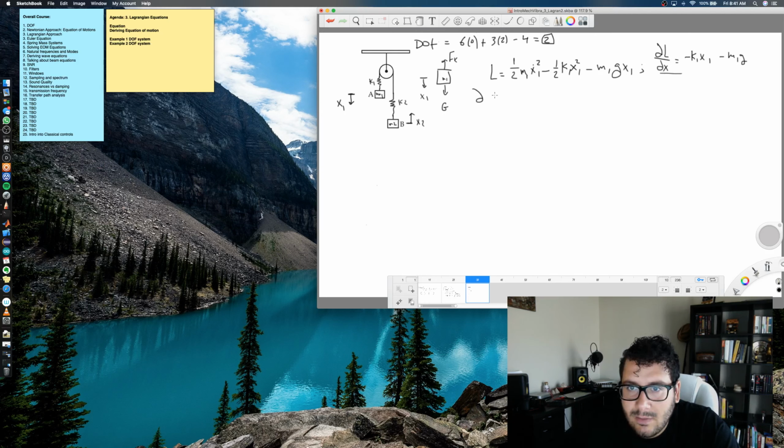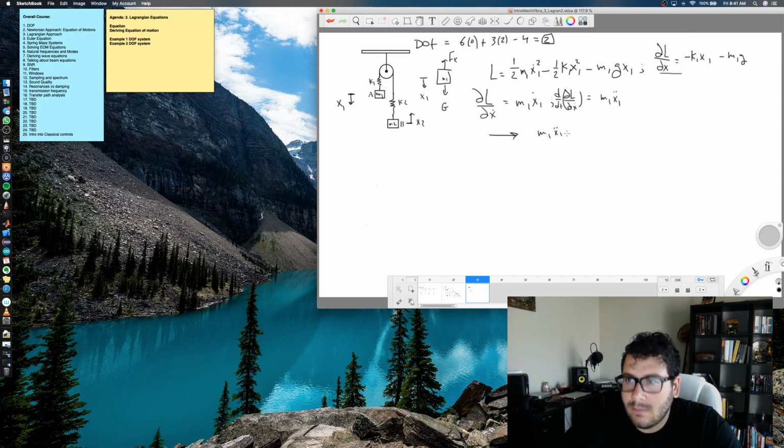My second term is going to be partial L over partial x dot, which is going to equal m1 x dot, and then I take the derivative with respect to time of that. So that will give me m1 x double dot 1.